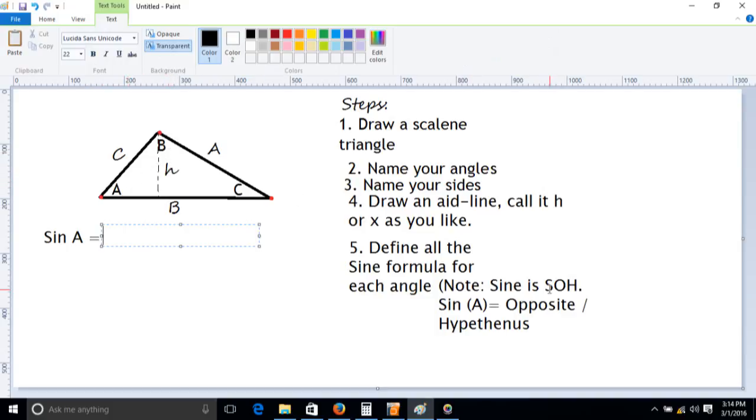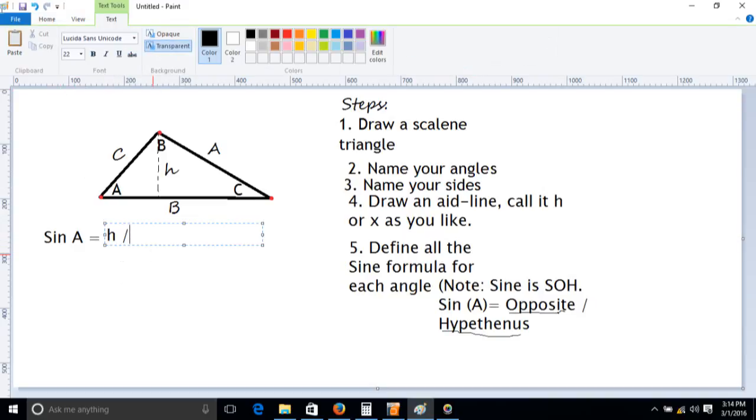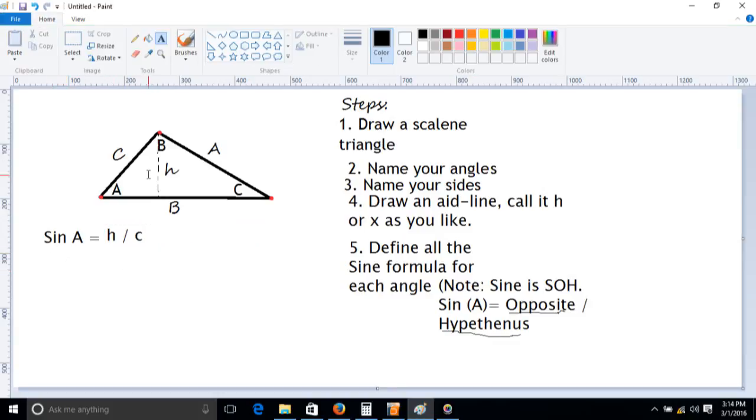See, this is a side, not an angle. So let's continue: H over C, and then we continue to B.